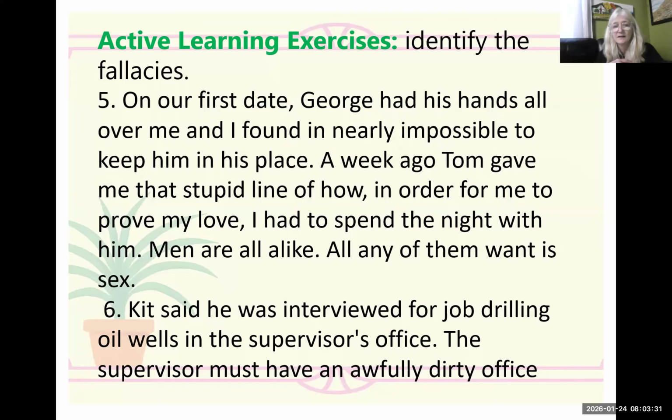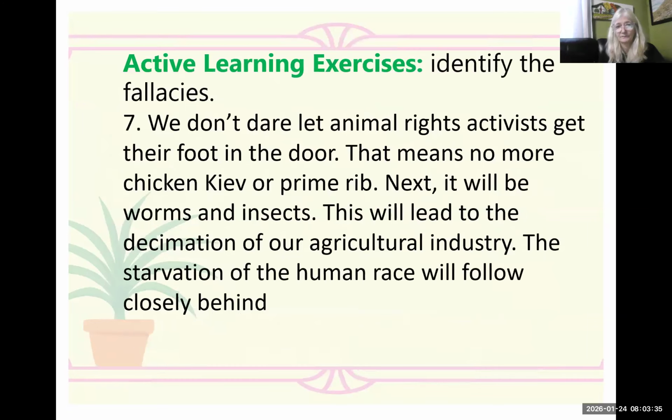The supervisor must have an awfully dirty office. Next, we don't dare let animal rights activists get their foot in the door. That means no more chicken Kiev or prime rib. Next, it will be worms and insects. This will lead to the decimation of our agricultural industry. The starvation of the human race will follow closely behind.